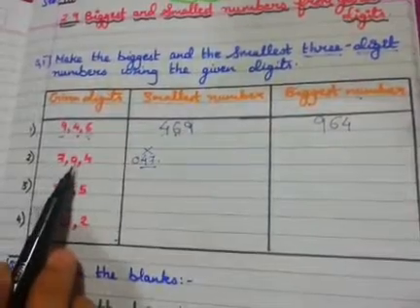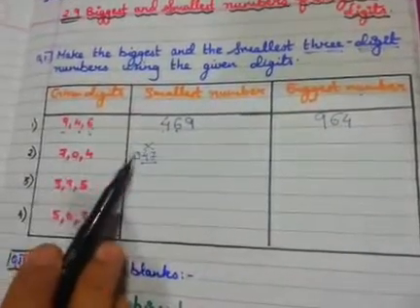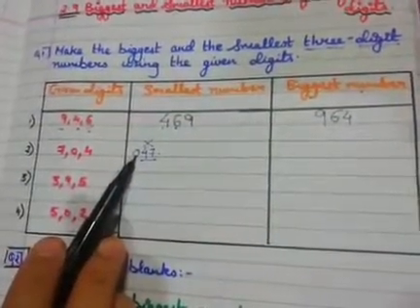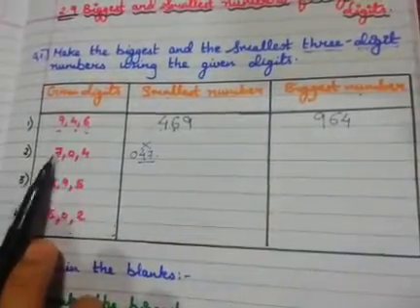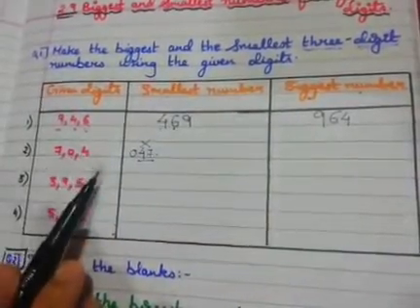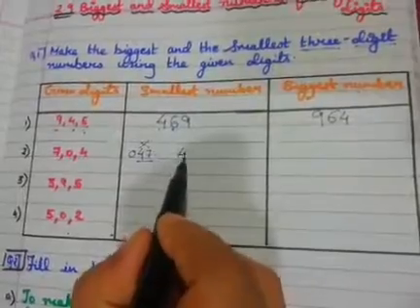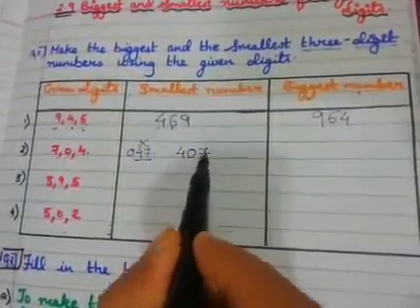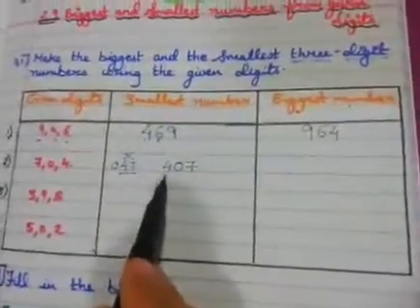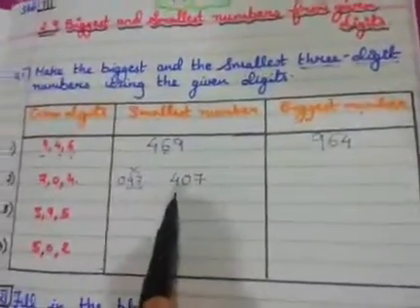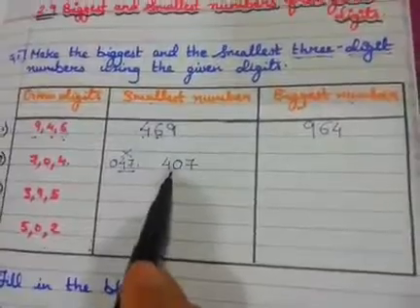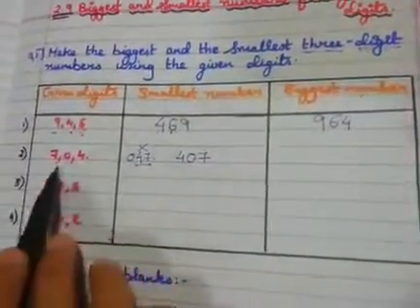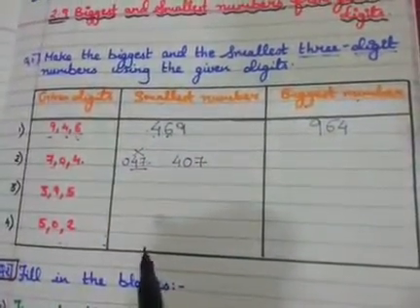If you have 0, then you will not write 0 in hundreds place. Which remaining two numbers 7 and 4. So smallest is 4. After 4, put 0 and then 7. Now if you read this number 407, it is smallest. Okay, this is our smallest number from these given digits.